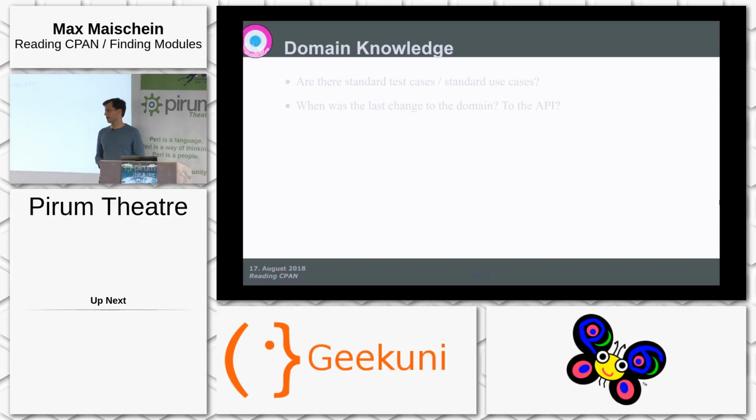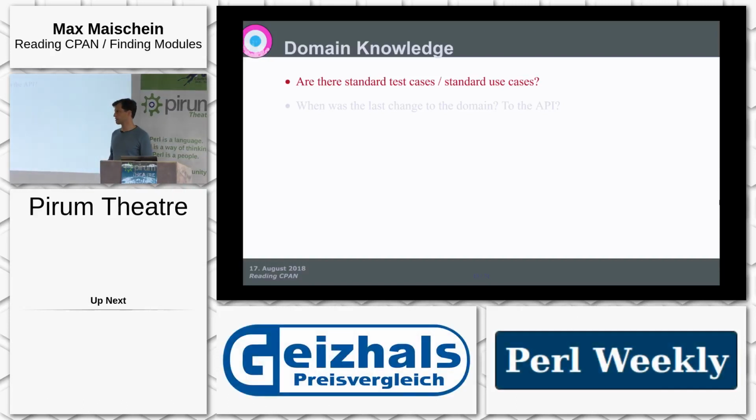So what are some questions about domain knowledge? I often look for standard test cases or standard use cases in the domain. For example, for JavaScript frameworks, there is the to-do application, which is not a great example, but it's an example that basically every JavaScript framework implements.